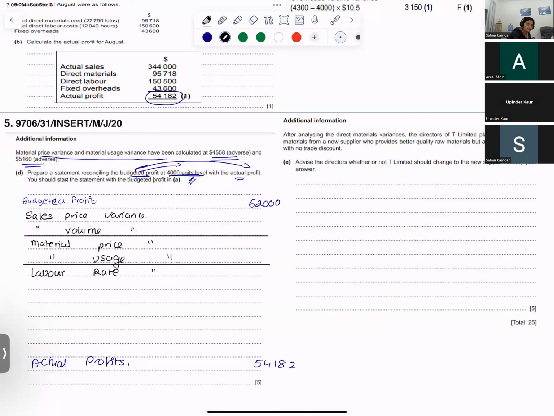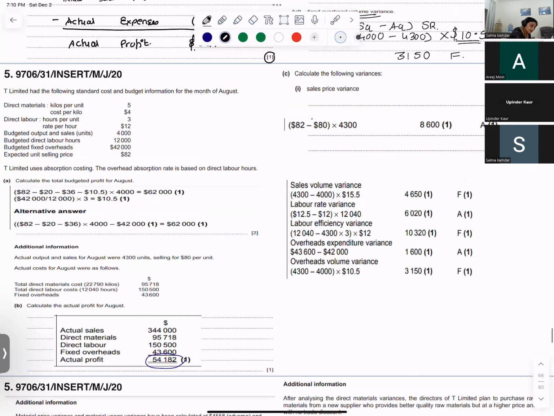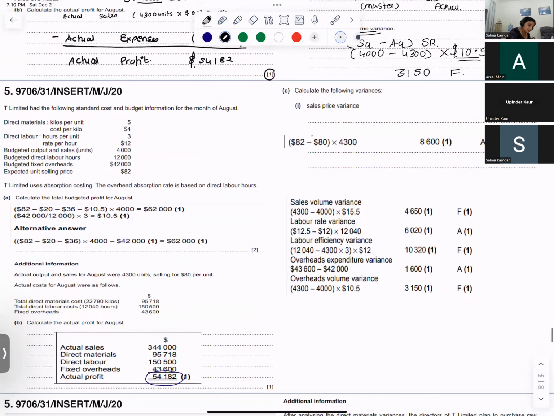Material rate variance. No, labor rate variance and labor efficiency variance. Then overheads, expenditure, and volume. Okay. So I have all these variances with me that I calculated.